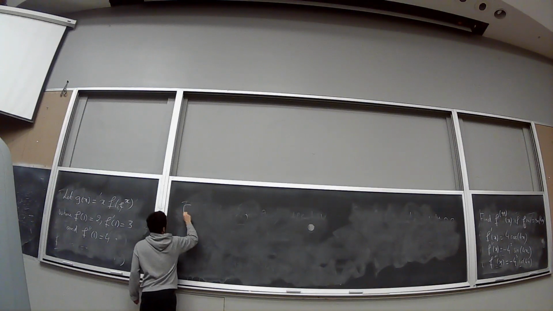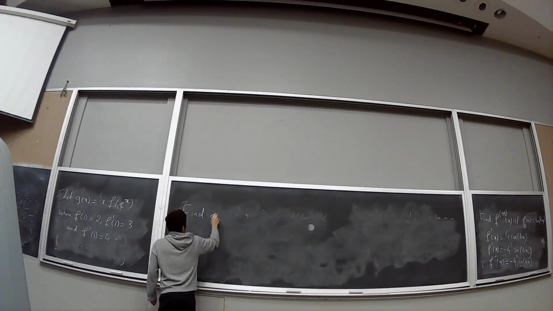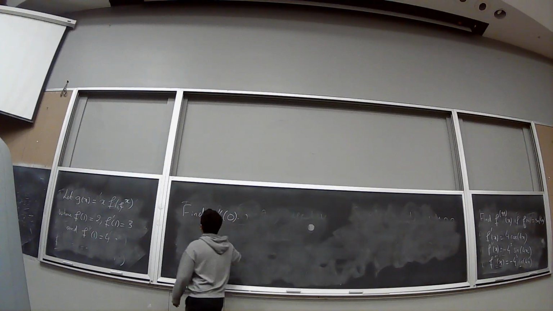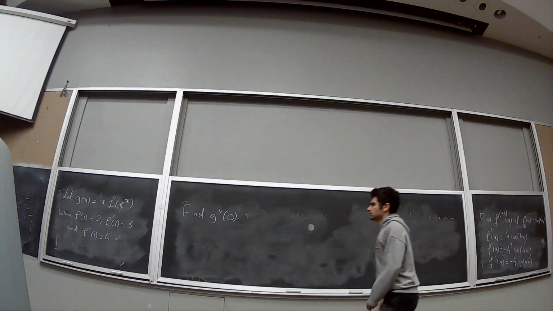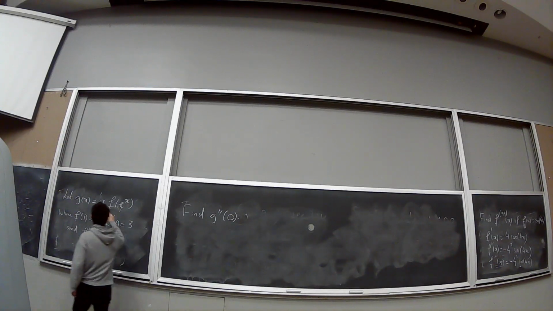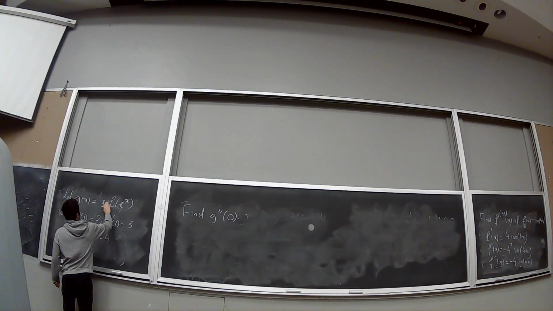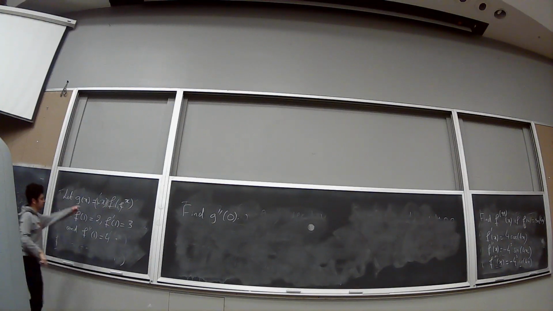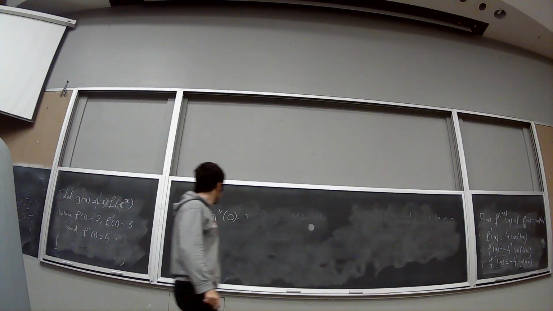Find g double prime of 0. Actually, may I change it? I just put an x plus 1 here, sorry about that. 1 plus x, okay? Find g double prime of 0.